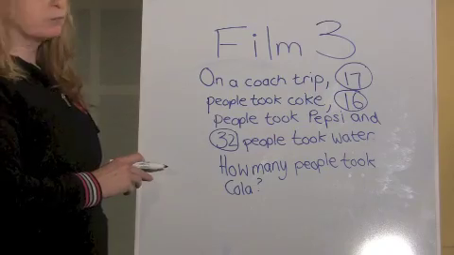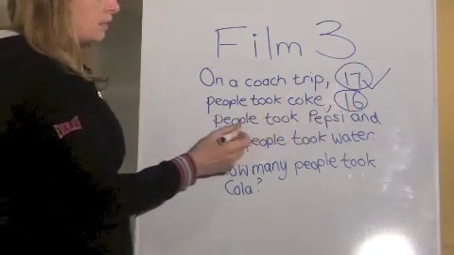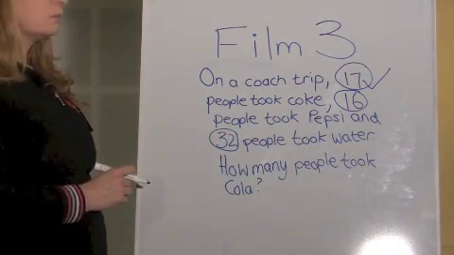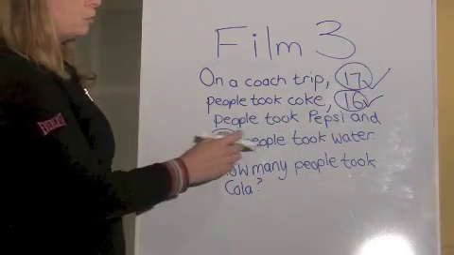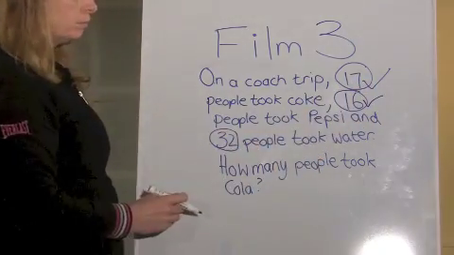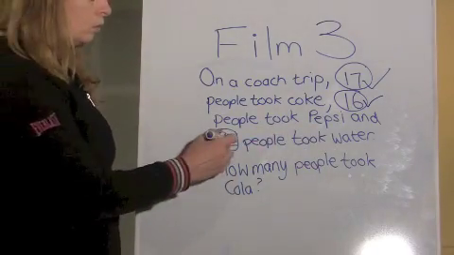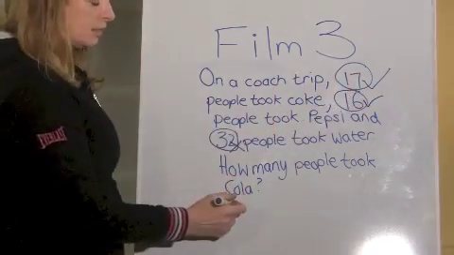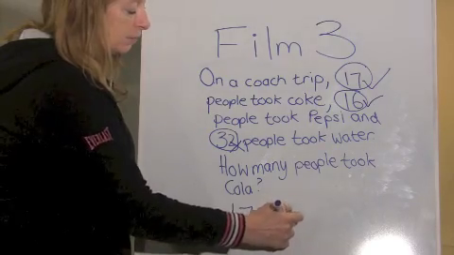Is Coke a kind of cola? Yes. 16 people took Pepsi. Is Pepsi a kind of cola? Yes. 32 people took water. Is water a kind of cola? No, I don't need that one. So I only need the 17 and 16.